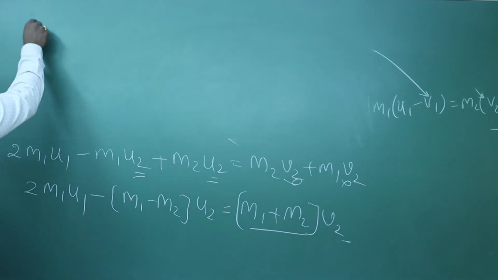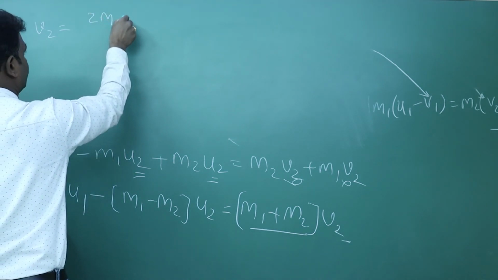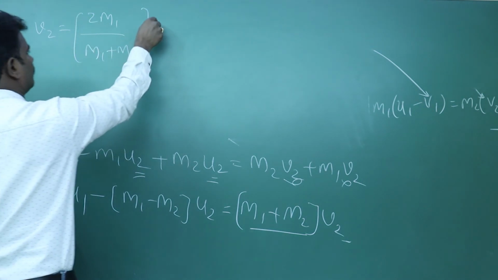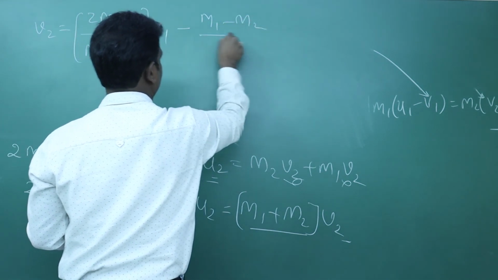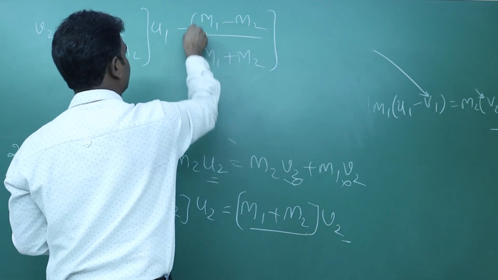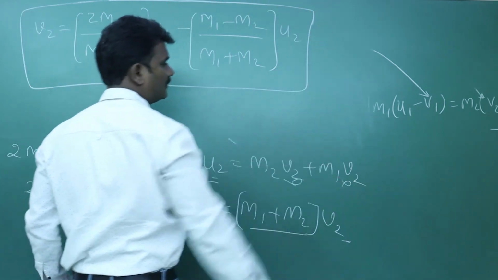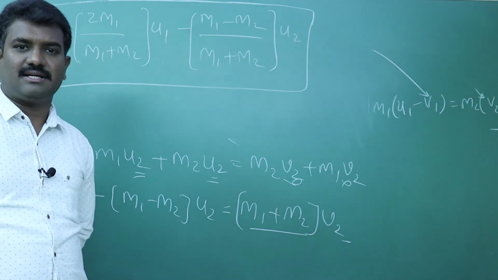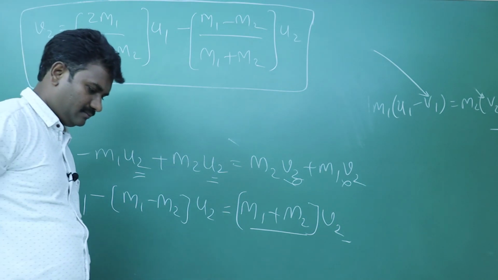So our v2 becomes, that's all. This is our formula for the final velocity of the second object after collision.